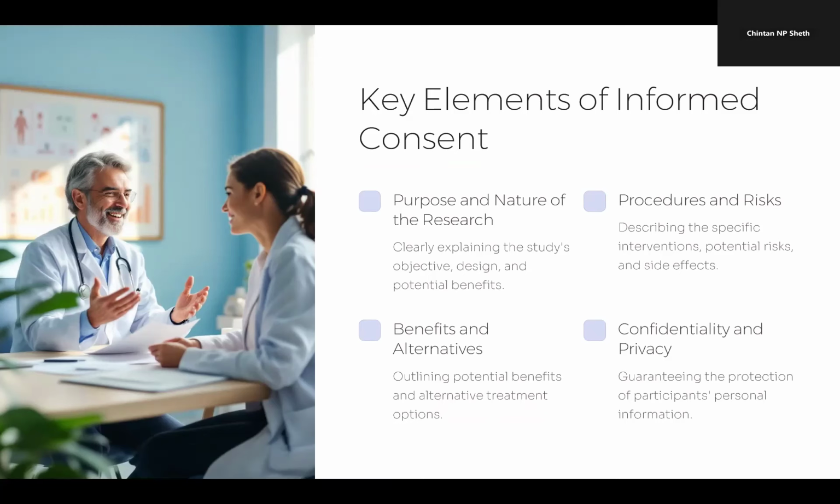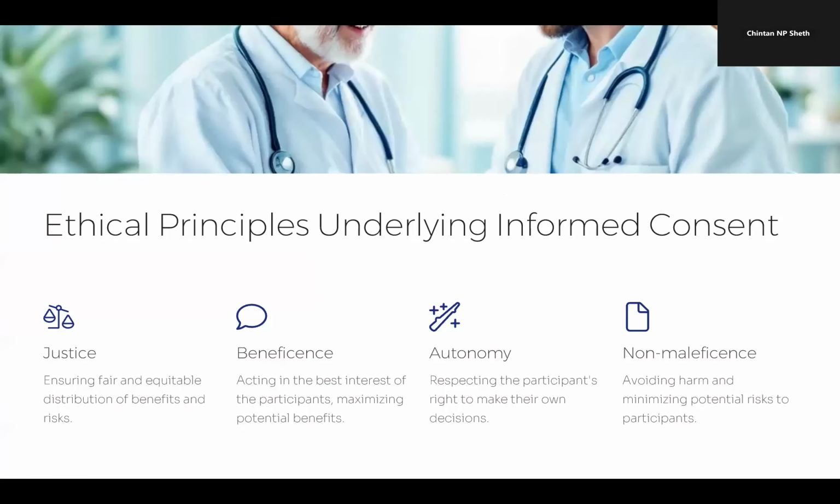Let's see the underlying principles of informed consent, what it facilitates, why we are having the informed consent. Informed consent ensures justice, fair and equitable distribution of the benefits and risks, the beneficiaries, acting in the best interest of the participants, and that overall maximizes the benefits of the clinical trial.